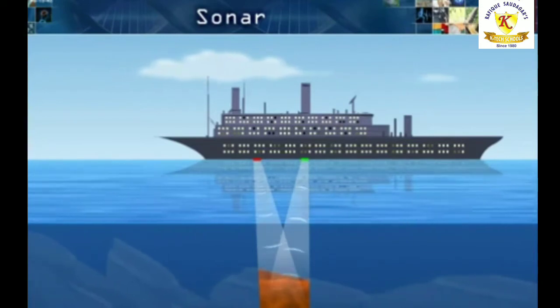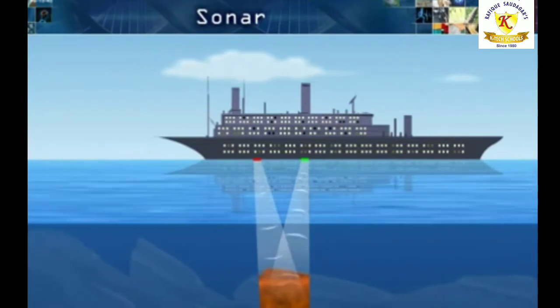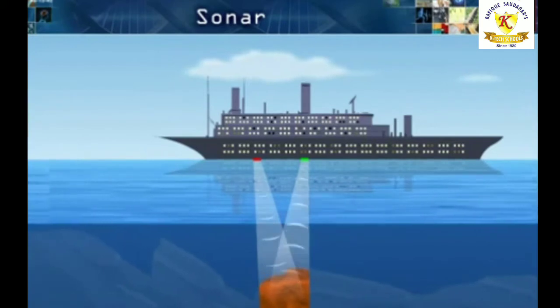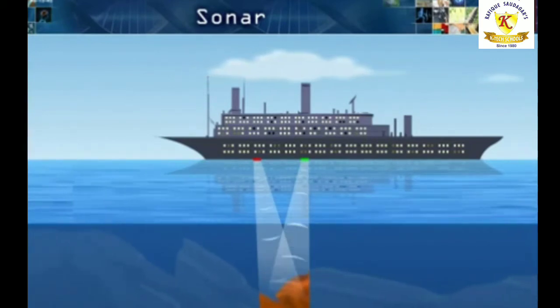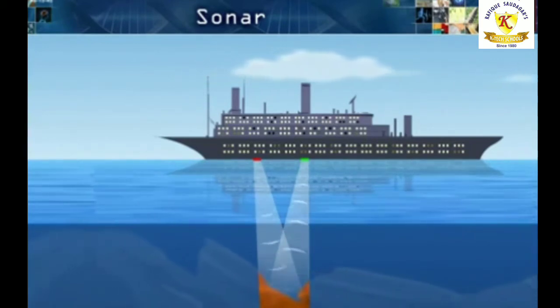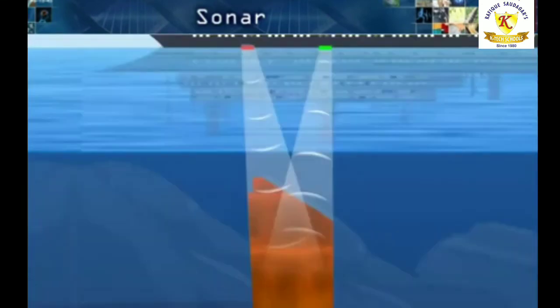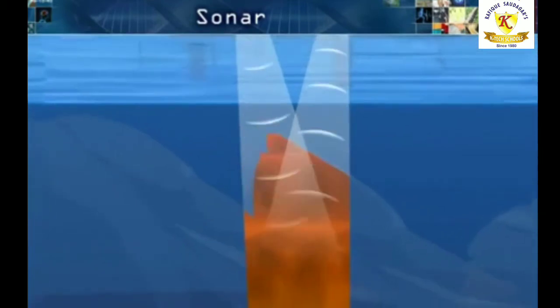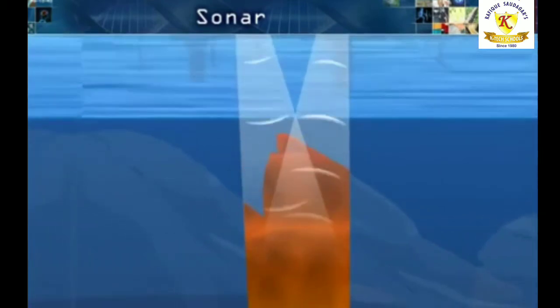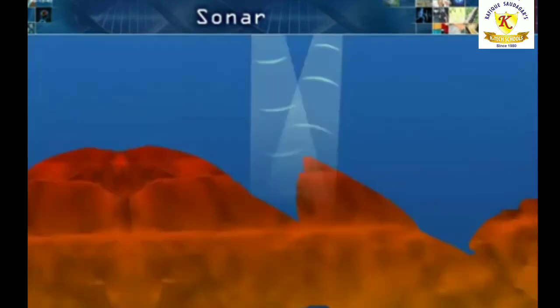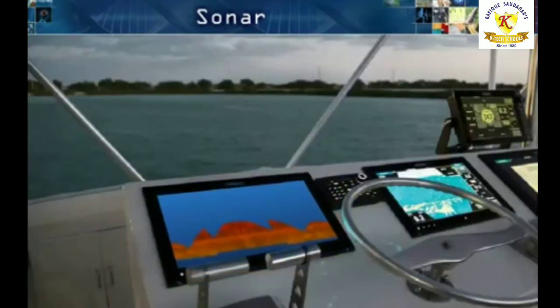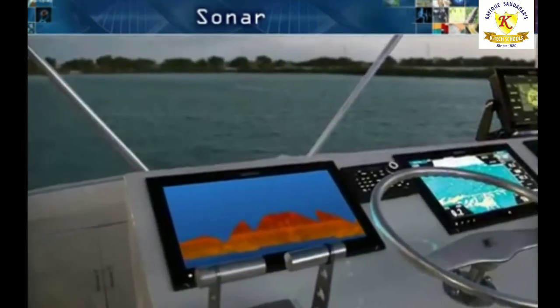They get reflected after striking the object on the seabed. The reflected waves are sensed by the detector. The detector converts the ultrasonic waves into electrical signals which are appropriately interpreted.